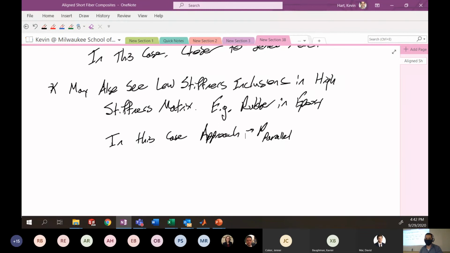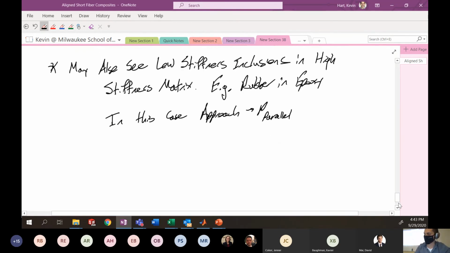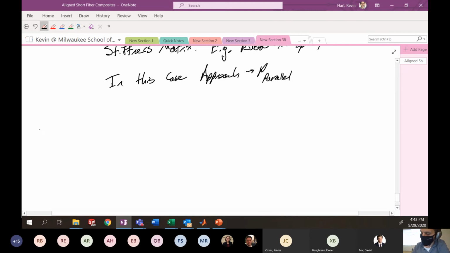The point is we need flexible descriptions, okay? And the most flexible and most commonly accepted model that we have is called the Lewis-Nielsen modification. And it basically uses an adapted form of the Halpin-Tsai equation.